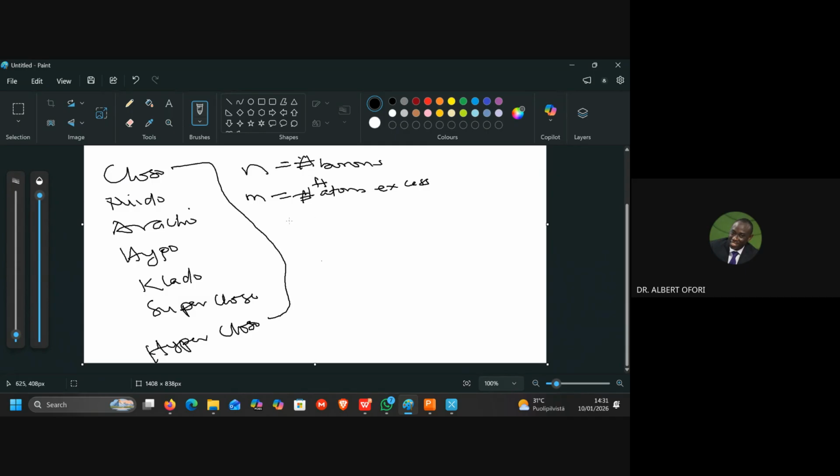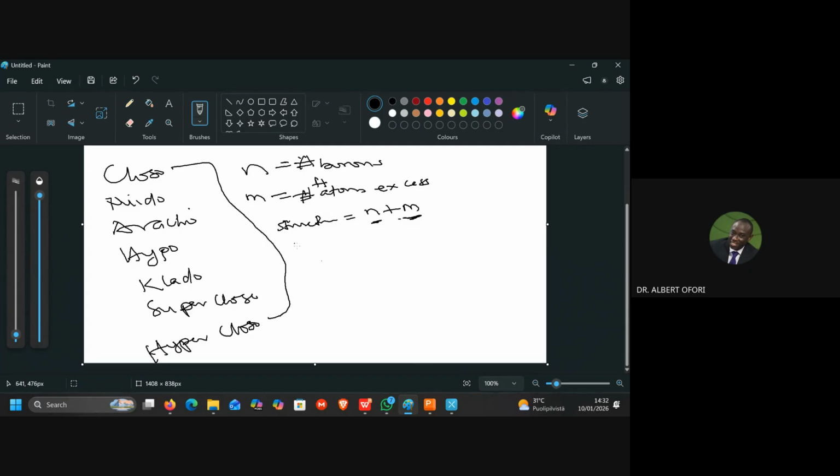Now I can use this to predict the structure. The structure I'm going to be predicting should be N plus the number of hydrogen in excess. Normally the N will be fixed for the boron, but the M is what is going to be changing.